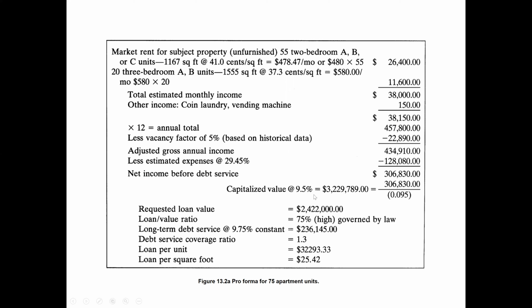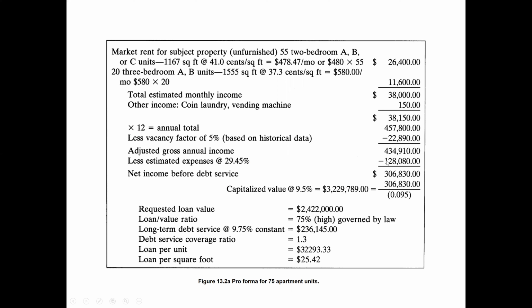To run this apartment, they may have a person in charge, and they pay salary to them. There is cleaning, and maybe providing a refrigerator inside the rooms, bed sheets, everything. The running cost for this is 29.45% of this amount, so they are going to subtract that running cost.